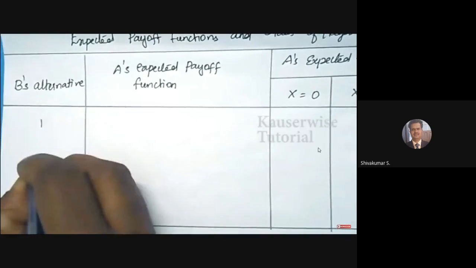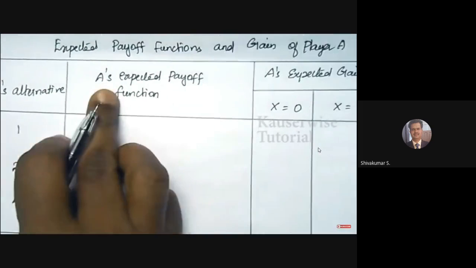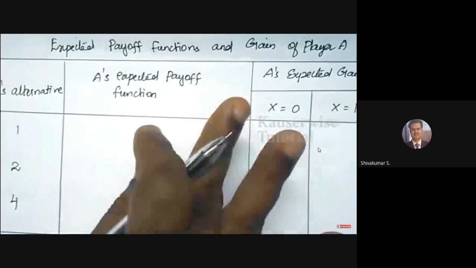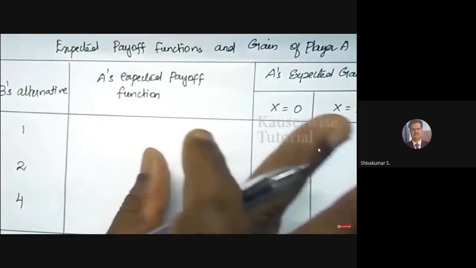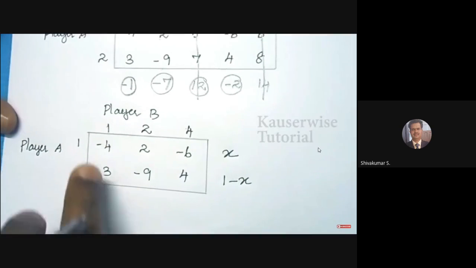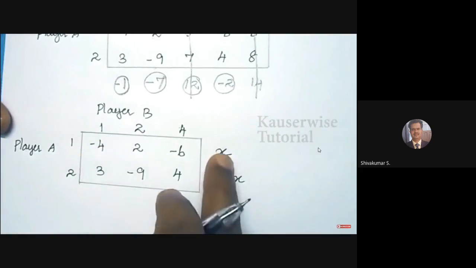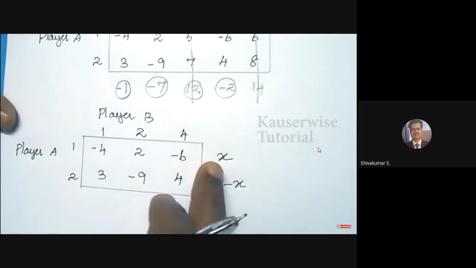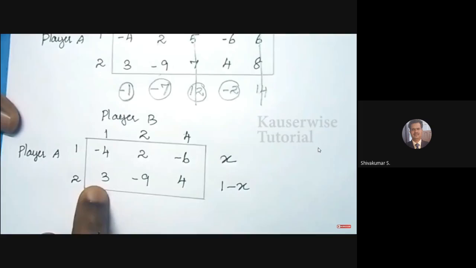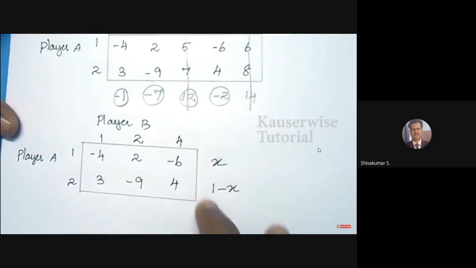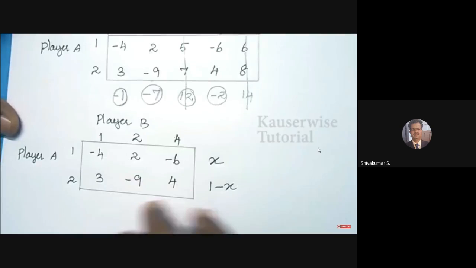1, 2, and 4. Now you need to find A's expected payoff function with the help of A's probability of selection of the first and second strategy. For the first strategy, you need to multiply the probability values with the first column values: minus 4 into x plus 3 into 1 minus x. In the same way, multiply these values with each of the other alternatives.